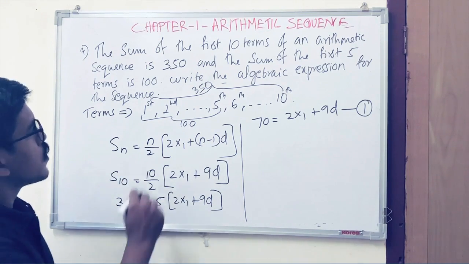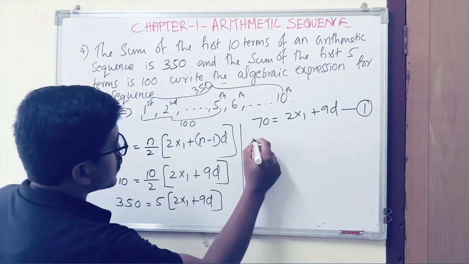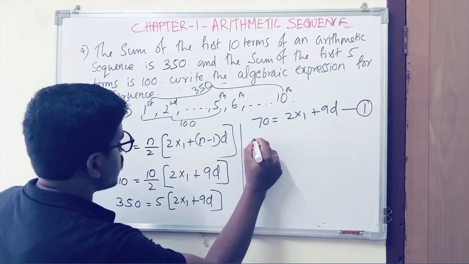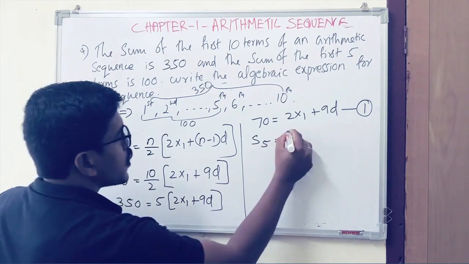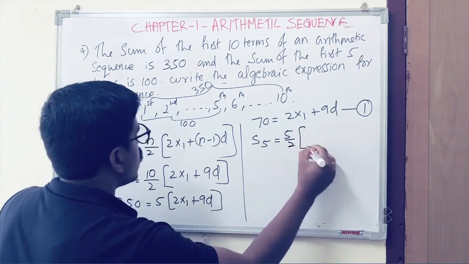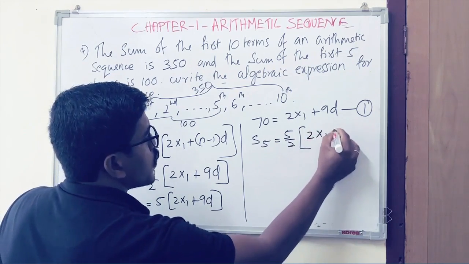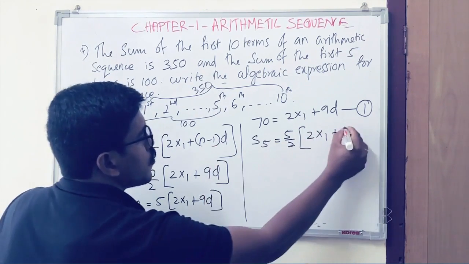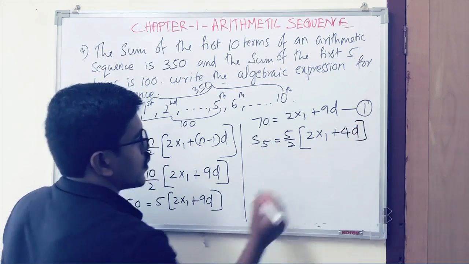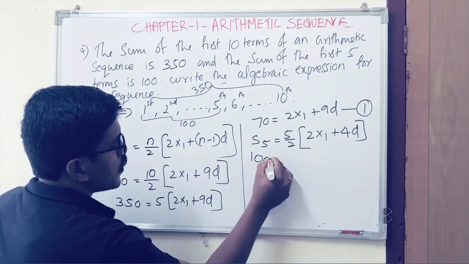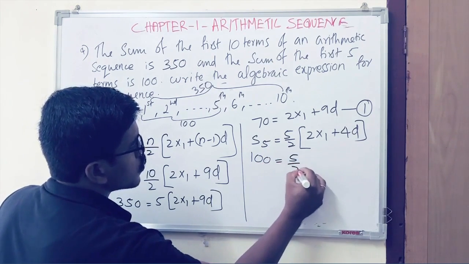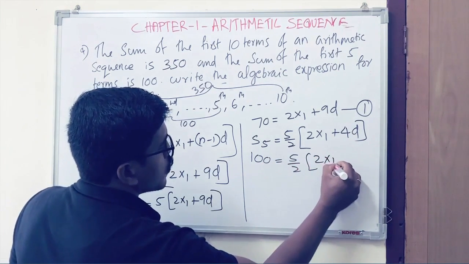It is already given that the sum of the first 5 terms, S5, is 100. S5 is equal to 5 by 2 into 2x1 plus (5 minus 1), that is 4d. So 100 is equal to 5 by 2 into 2x1 plus 4d.